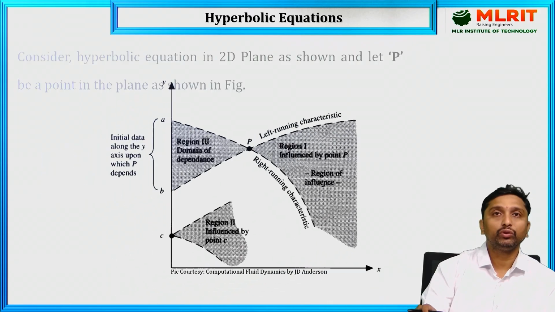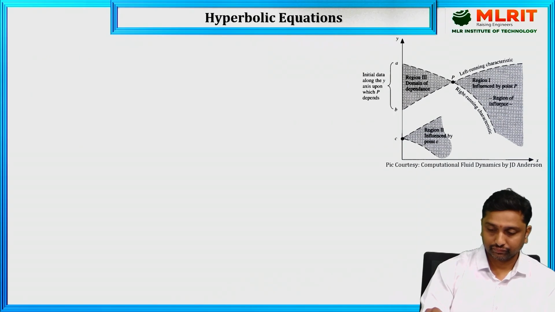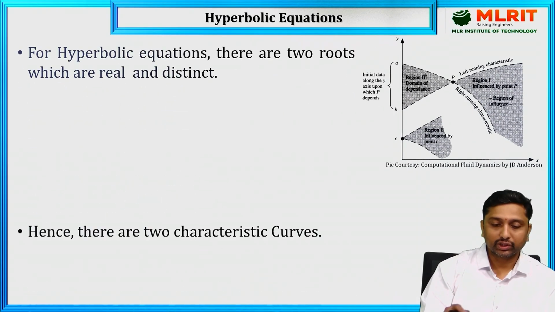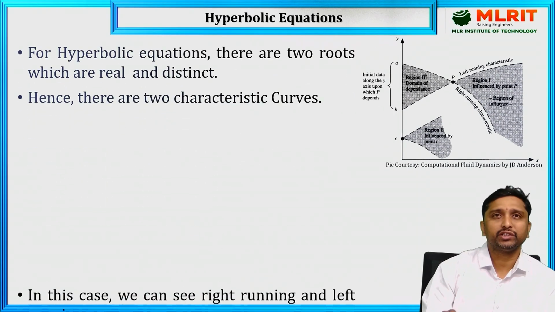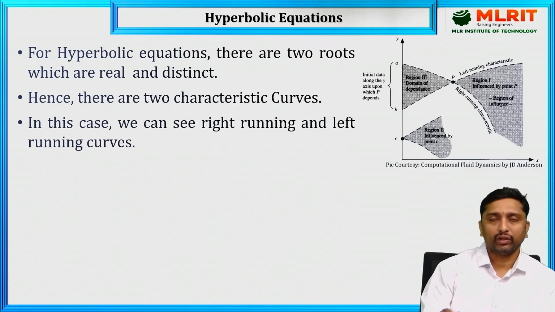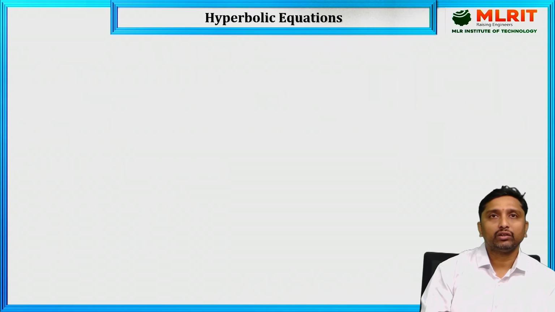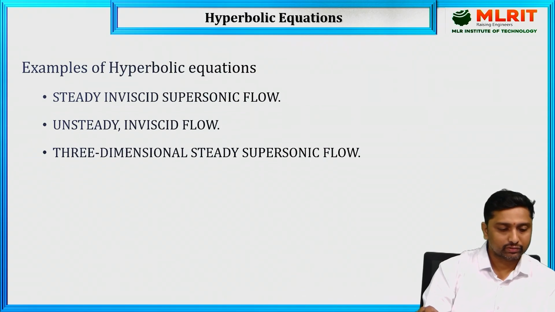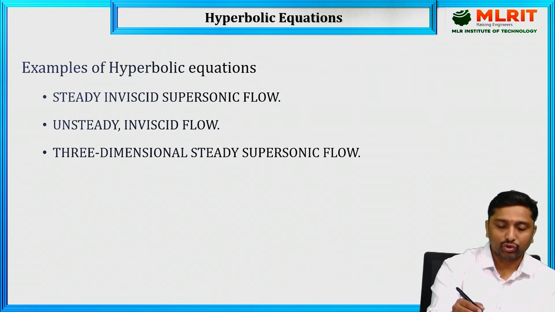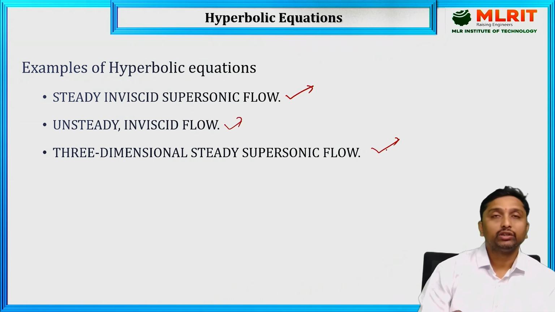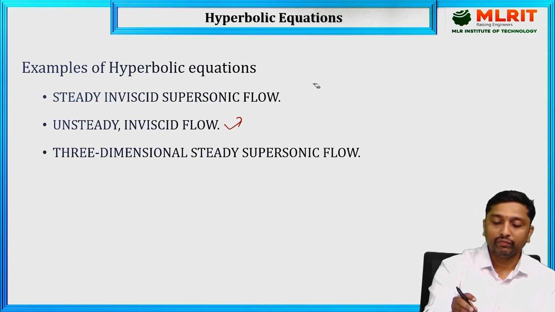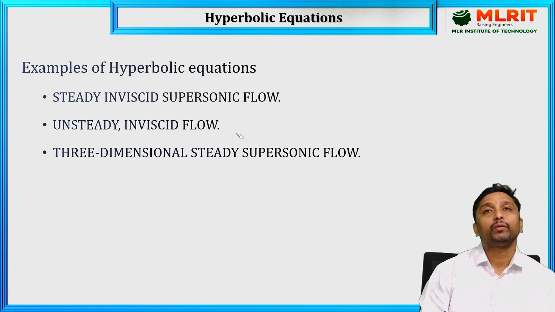Now moving to the next. So these are two different characteristic curves, right running and left running. To understand this, let's take examples. Steady inviscid supersonic flow, unsteady inviscid flow, and three-dimensional steady supersonic flow are examples of real scenarios which exhibit this kind of behavior.